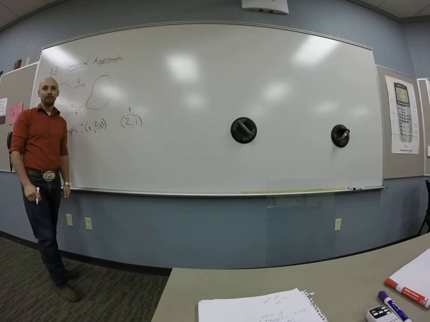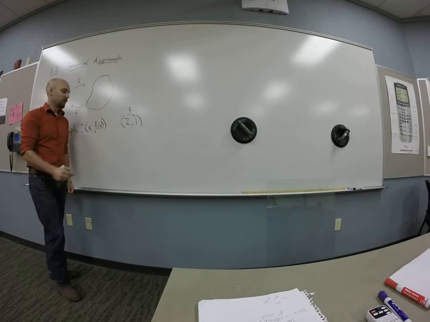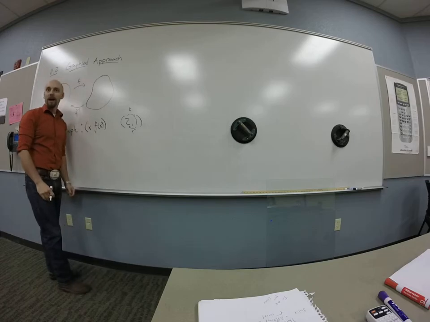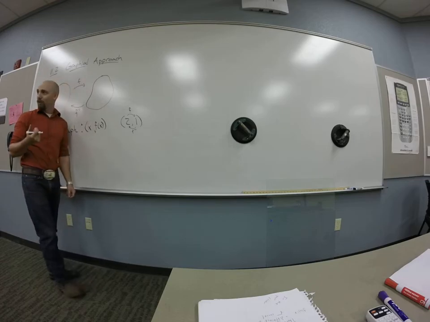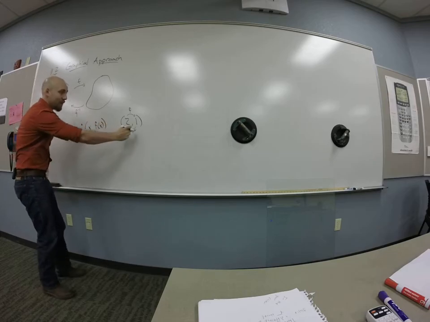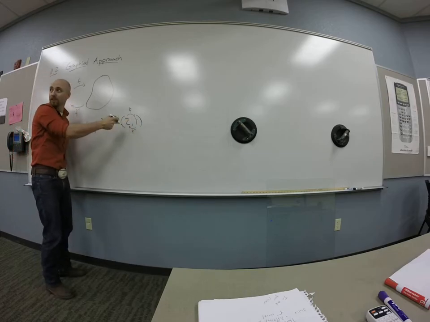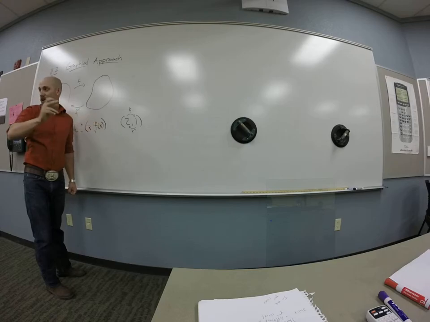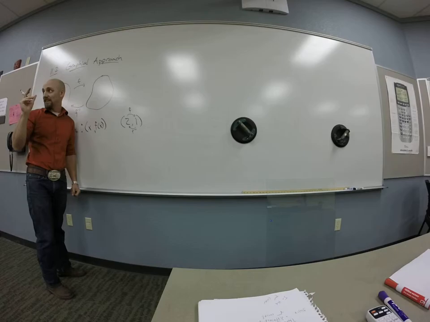What does f inverse do? It takes 1 to 2. So f inverse takes the outputs of f as inputs and turns them into the inputs of f. So basically, it's going to swap the coordinates, but it's also going to swap their places.